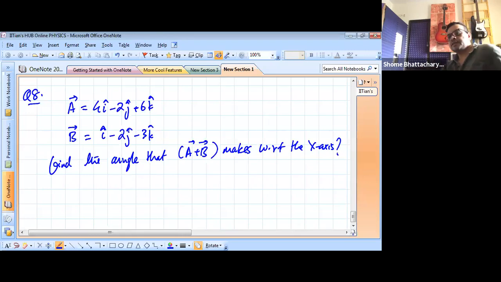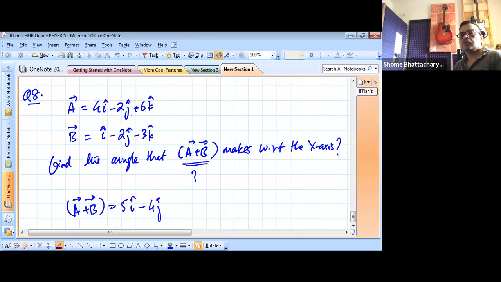You can see the answers are given in terms of cos inverse. So we have to use the concept of direction cosine, but for which vector? For this vector. So first let's find out what this a plus b is. So a plus b will be 4 plus 1, 5 i cap, minus 2 minus 2, that's minus 4 j cap, and 6 minus 3, so that is plus 3 k cap.